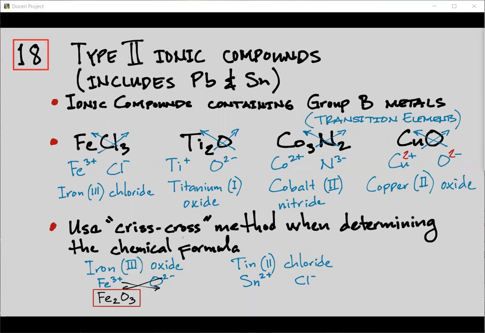Perform the crisscross, and what you get is SnCl2, tin(II) chloride. So that's how you name type 2 ionic compounds and how to determine their chemical formulas.